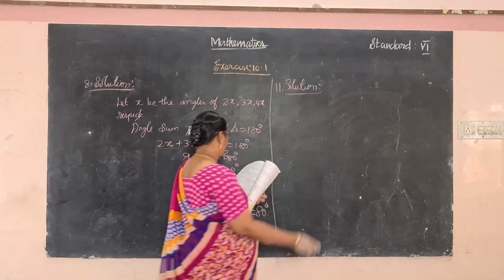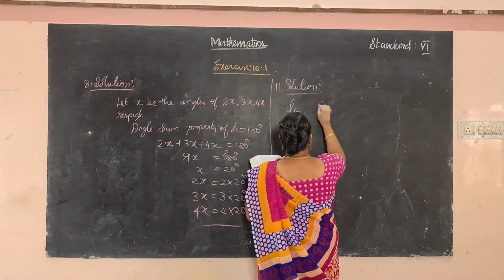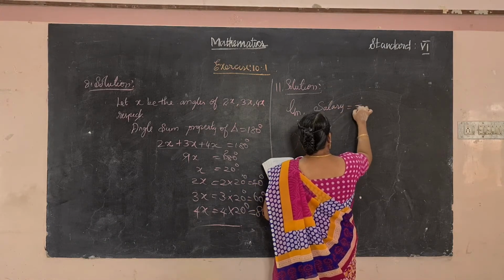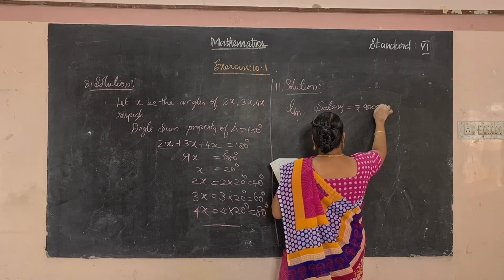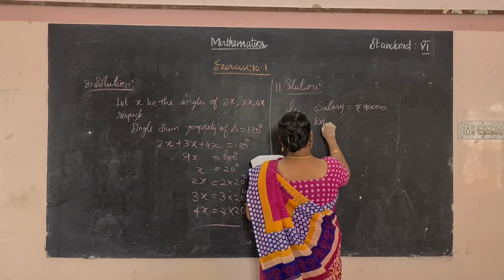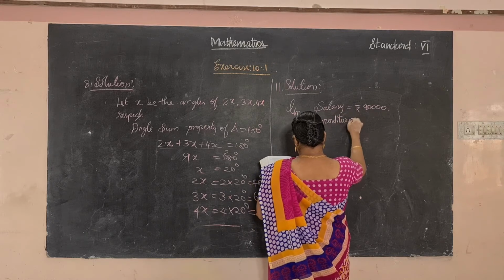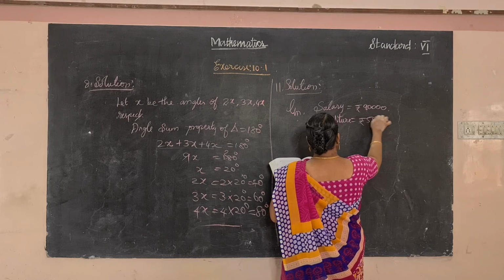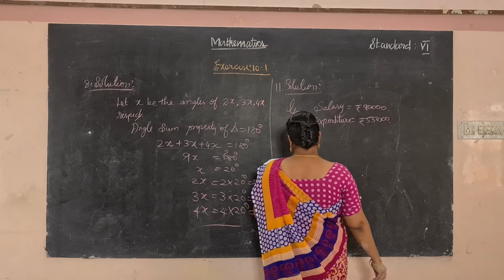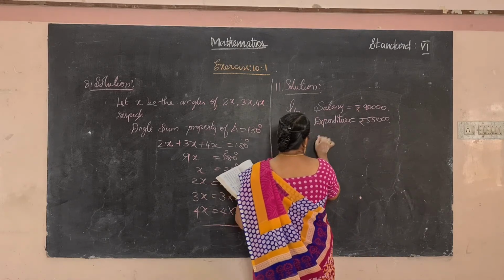Given salary rupees 90,000, expense rupees 55,000.